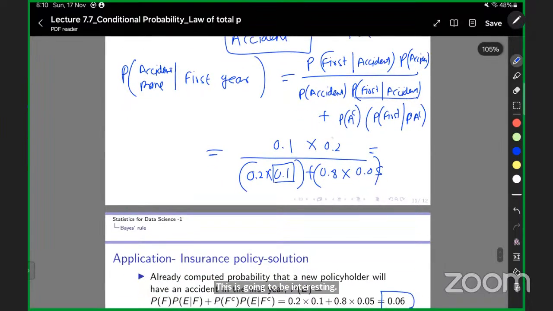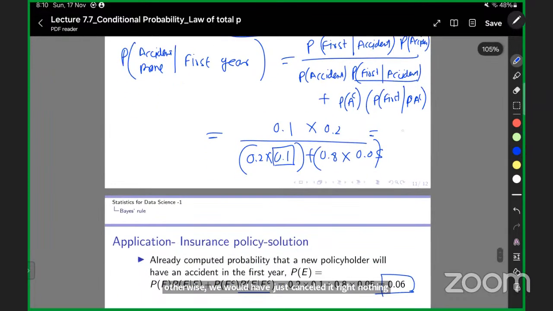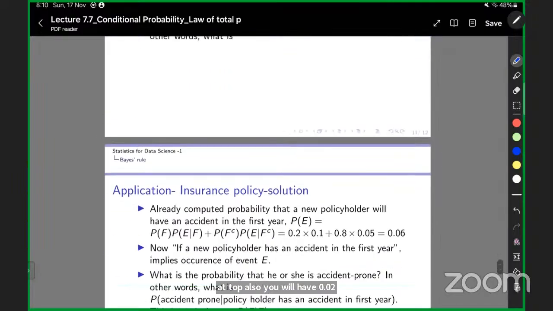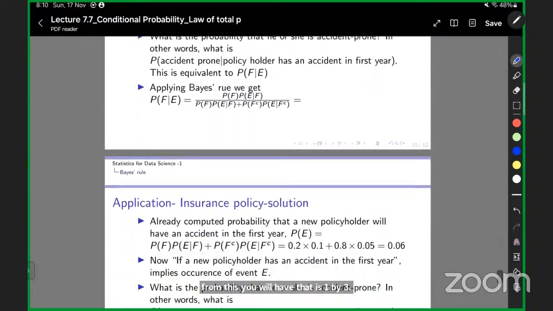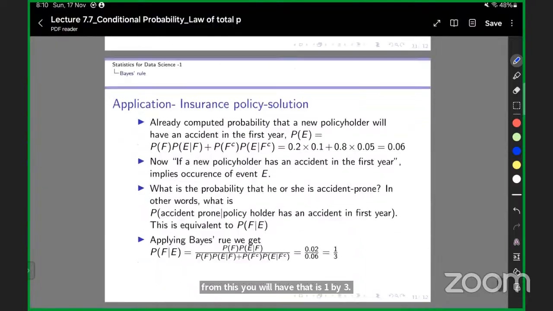Otherwise we would have just cancelled it, right? Nothing would have changed. And from this, this is going to be 0.06. At the top also you will have 0.02. From this you will have 1 by 3. Yeah, 1 by 3.